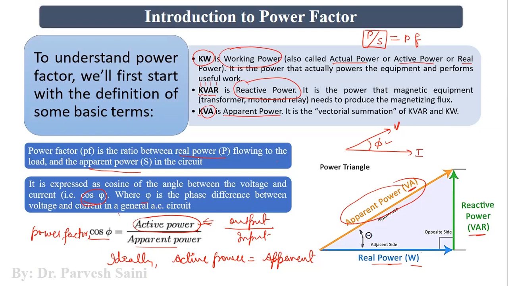So indirectly, we are saying that no part or no percentage of this apparent power shall be stored due to any reactiveness of the system. In this case, we have cos phi equal to 1 or phi equal to 0, right?